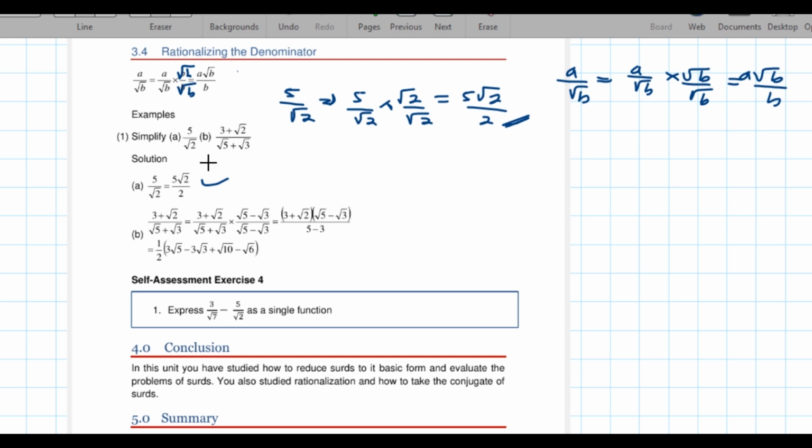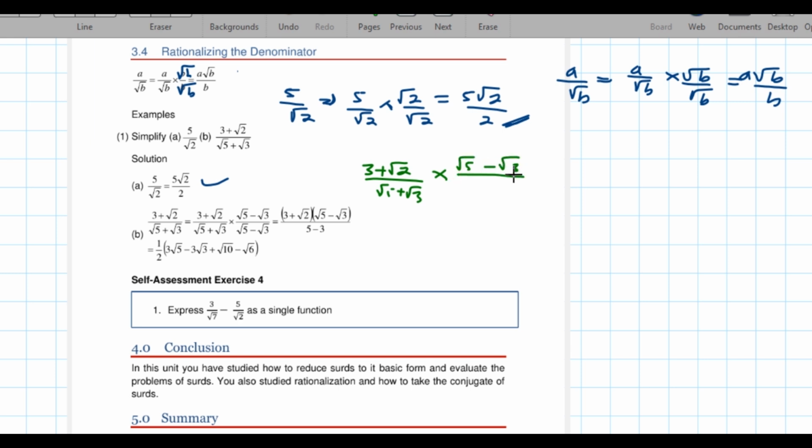So for this second one here, where we have 3 plus root 2 divided by root 5 plus root 3. If we are to rationalize the denominator, what we are going to have here is root 5 minus root 3.